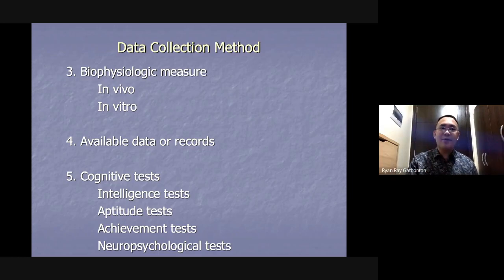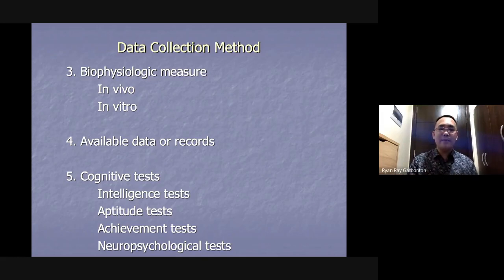So when you get a sample of a tissue or sample of your blood outside of your body and you measure it using a machine outside the body, that's an in vitro biophysiologic measure. Okay, so ang key term, kapag in vitro, sa labas ng katawan ginawa yung measurement.